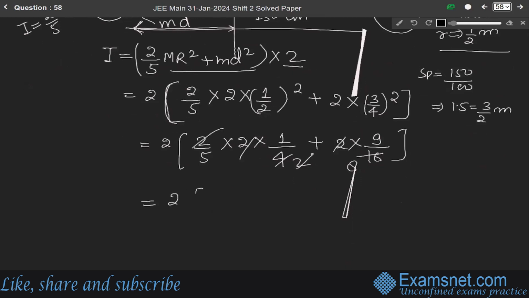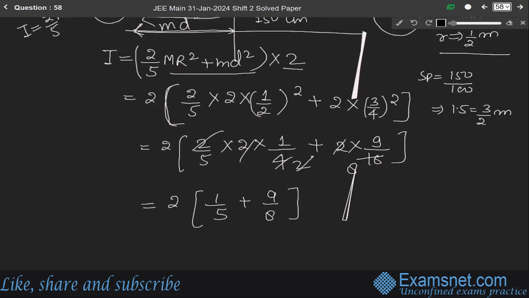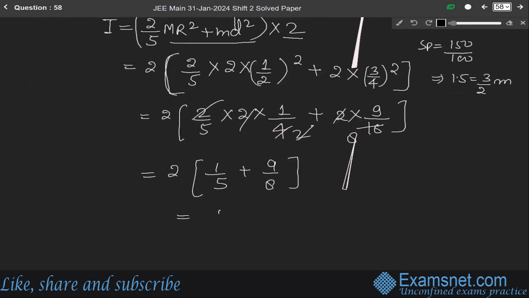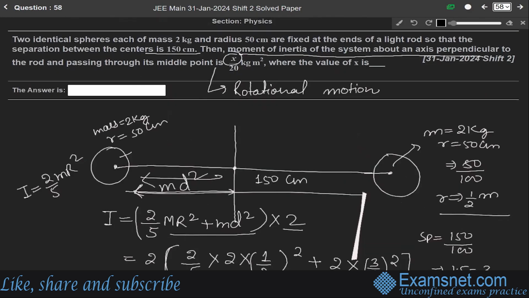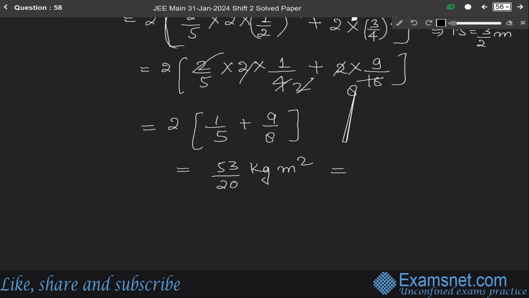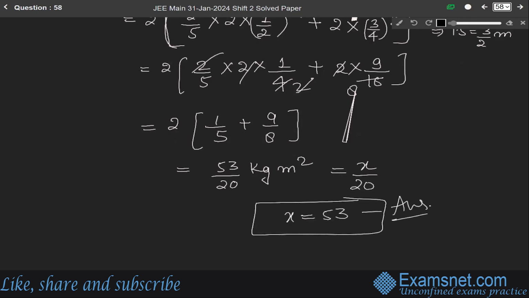So we get 2 into 1 over 5 plus 9 over 8, which is 53 over 20 kg meter square. Comparing it with x over 20 given in the question, we get the value of x as 53. This is our correct answer.